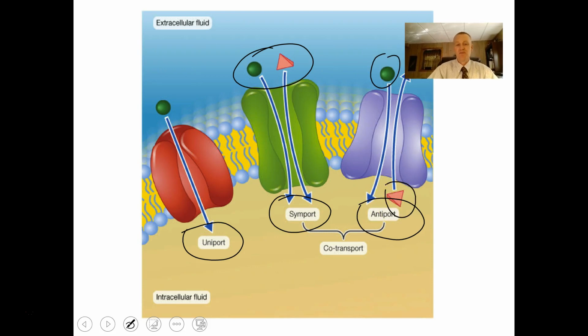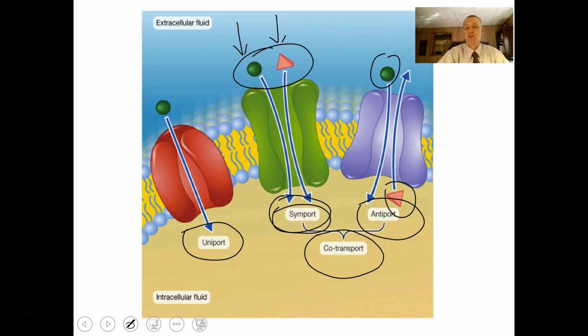We call the symport and antiport co-transport, because the movement of one ion or molecule causes the movement of the other. In symport, it's in the same direction. In antiport, we have the co-movement of things: one comes in, one goes out, but they move together through this protein. And uniport is just moving one substance in one direction.